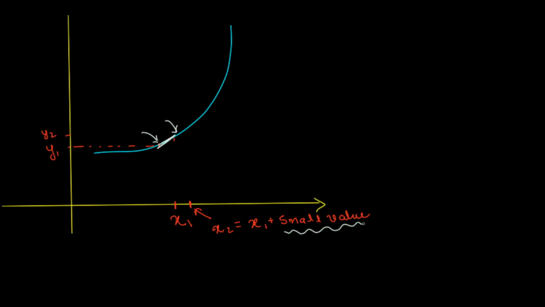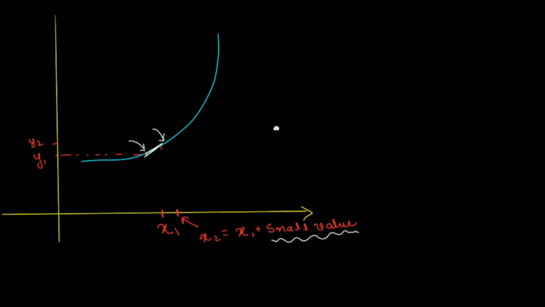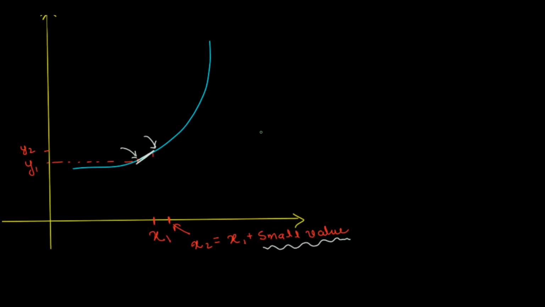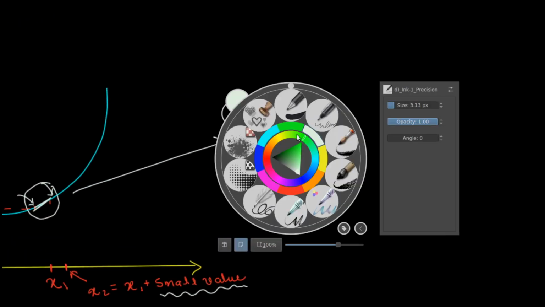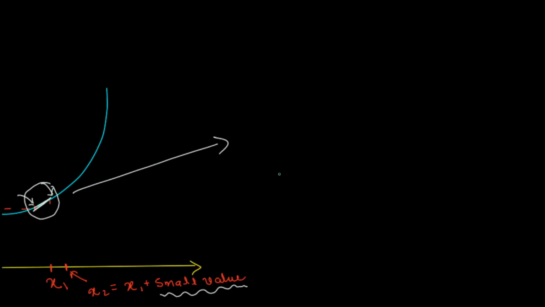If I make this value very small, then x2 is very close to x1, and therefore you are not really dealing with two different points. You are actually dealing with just one point on this curve. And at that point, if I were to zoom this and redraw it, it would look something like this. I'm zooming it, and that's why you see all this, right?